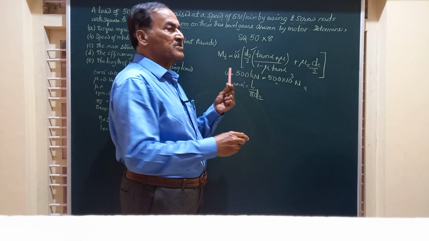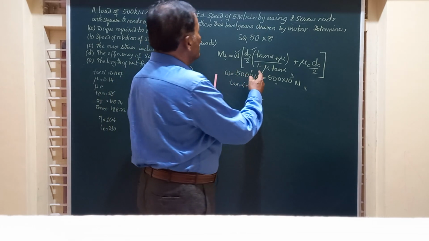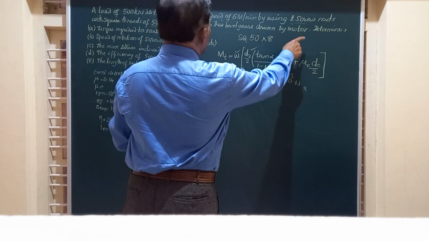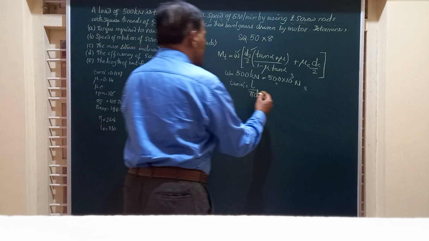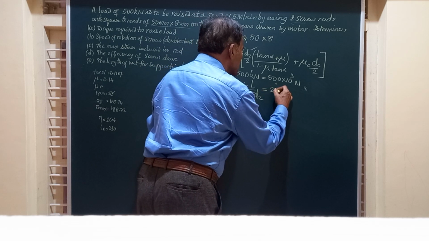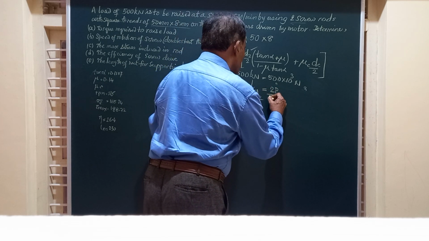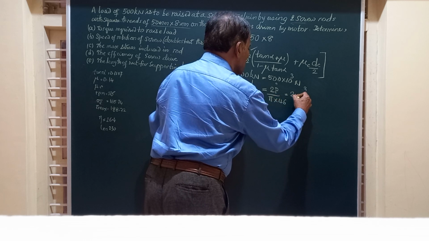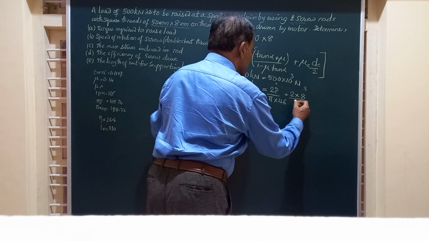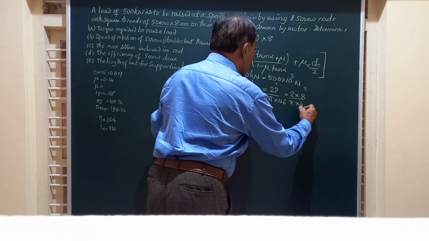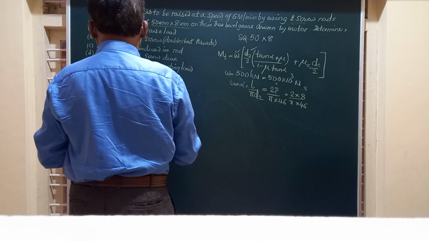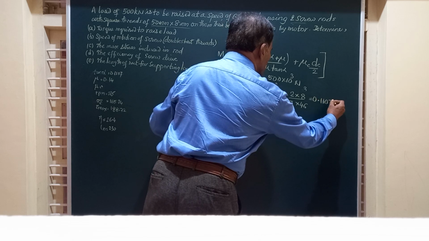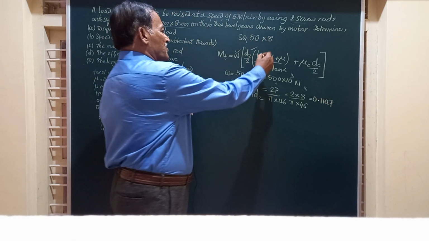Lead is equal to pitch for a single start thread. Lead is equal to twice the pitch for a double start thread, and here, since there are two screw rods driven by a motor, we assume a double start thread. So tan alpha is equal to 2 times pitch, which is 2 into 8, divided by pi into 46, and you get the value of tan alpha as 0.1107.